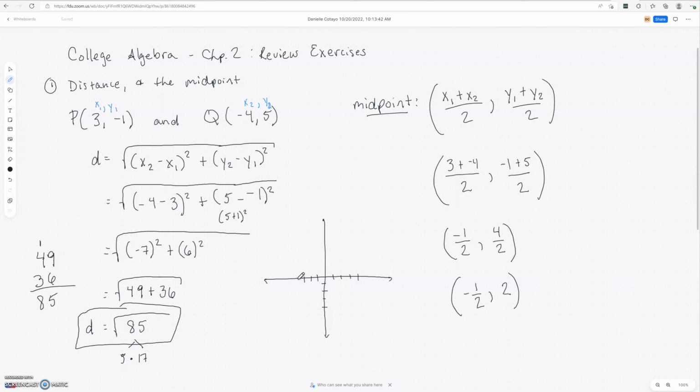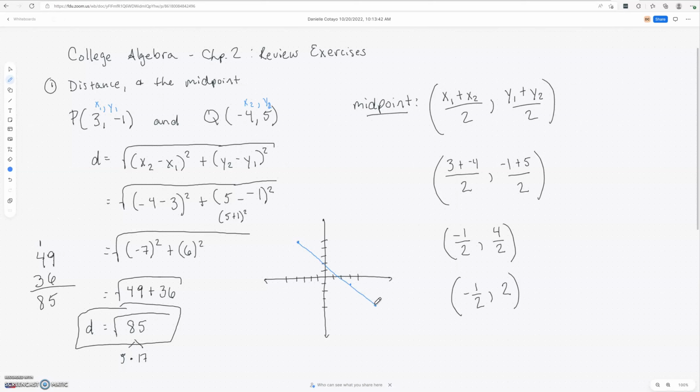If I go over 3, 1, 2, 3, and down 1, so (3, -1) is about there. And then I go negative 4, so 1, 2, 3, 4, and up 5, 1, 2, 3, 4, 5, is about there.